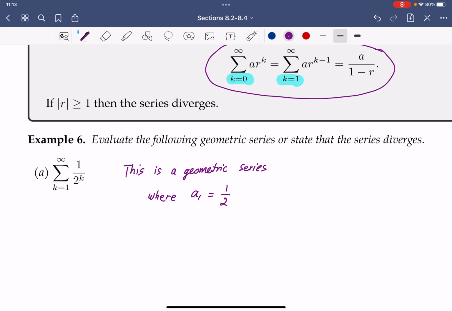Because you can plug in k equal to 1, so this is the first term. They start from k equal to 1, you see that? And the first term is 1/2.